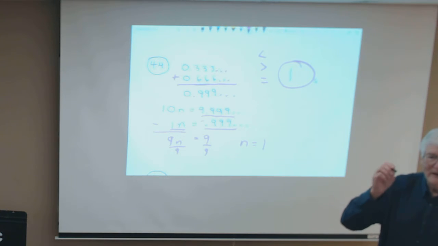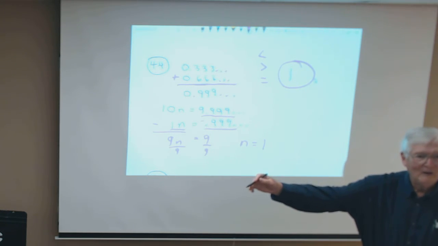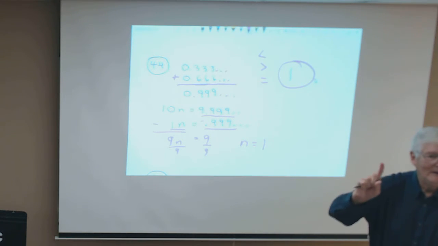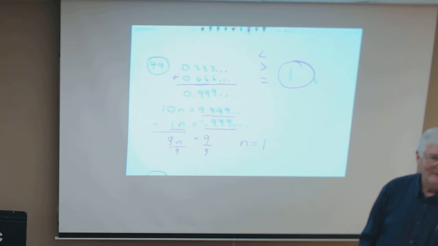If you take 0.999 to infinity, what does it become? 1. So the answer is equals. How cool is that, huh?